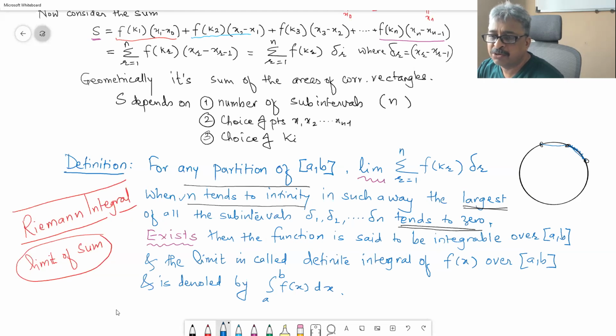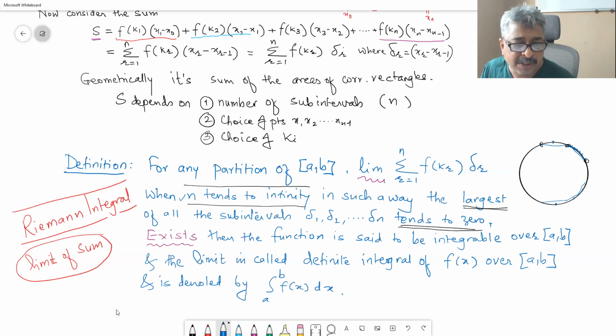You should find the largest subinterval, the largest chord, and make it small by putting a pin there. The moment you put a pin here, another chord becomes larger. Go there, put a pin. If you keep doing this, and the number of pins is infinitely many, then you get the circumference. So this is the limiting case. We used to say the words limiting case, and that is what is captured here.